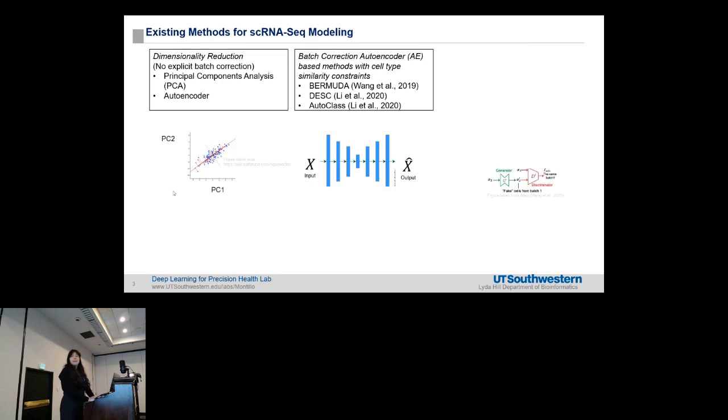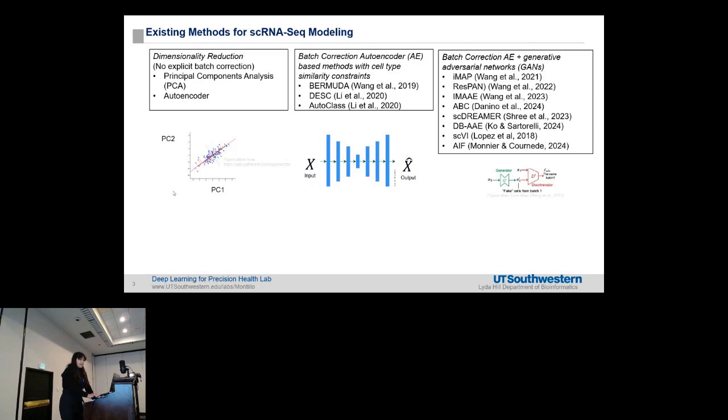And there are many methods that are based on autoencoders, and they have different similarity constraints. Another popular method is to combine the autoencoders with generative adversarial networks. In this case, they have an adversarial network, which is penalizing the model for predicting batch. And this is how you correct them for batch effects.